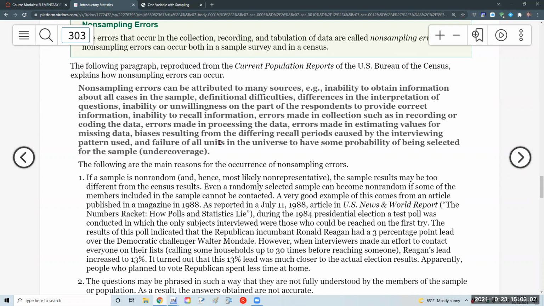Also, biases resulting from different recall periods caused by the interviewing pattern used, and failure of all units in the universe to have some probability of being selected for the sample. That came from the Census Bureau.